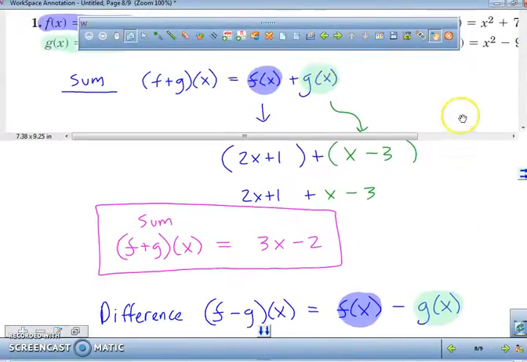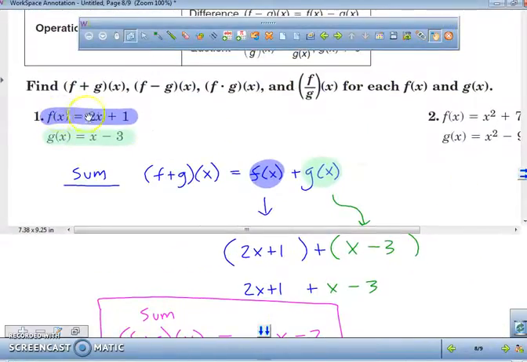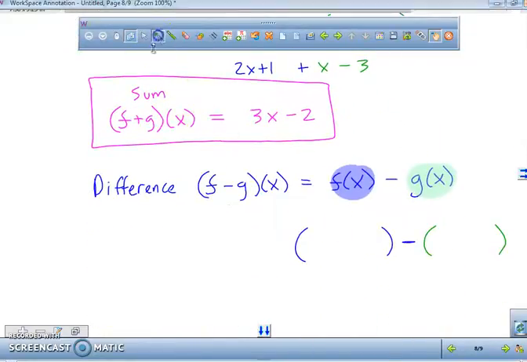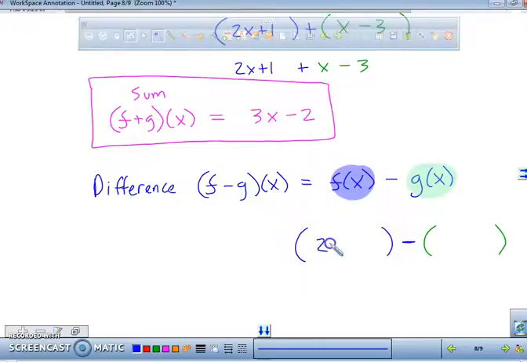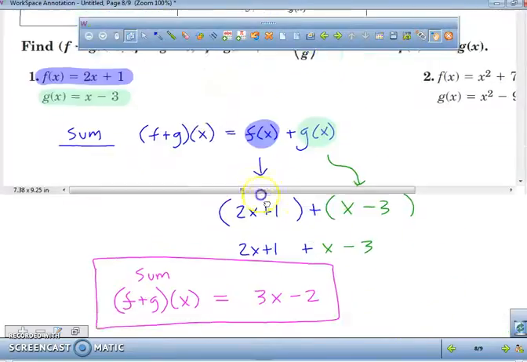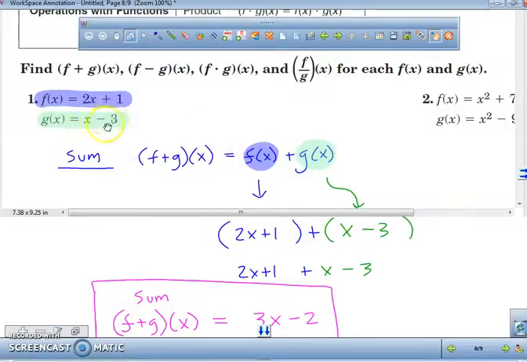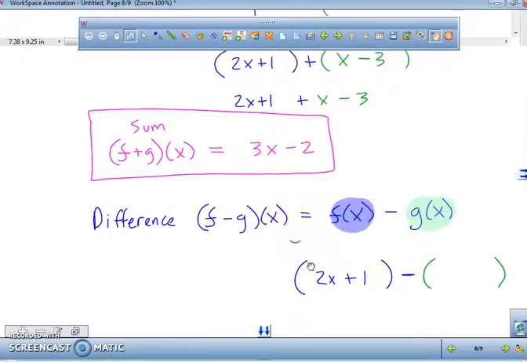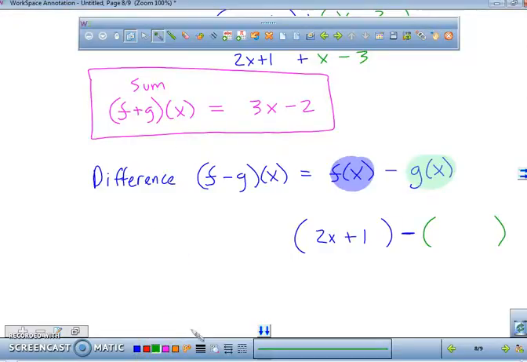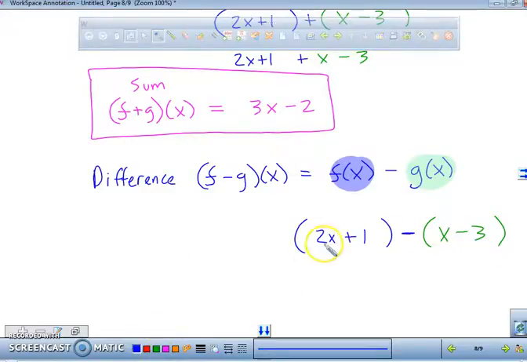Okay, so let's look at f of x. Once again, what is f of x equal to? 2x plus 1. So I'm going to write here in the parentheses 2x plus 1. And then go back up here and look, what is g of x equal to? X minus 3. So we go down here and put the x minus 3. So this right here stays the same, right? 2x plus 1 is the same. However, we got a minus sign.